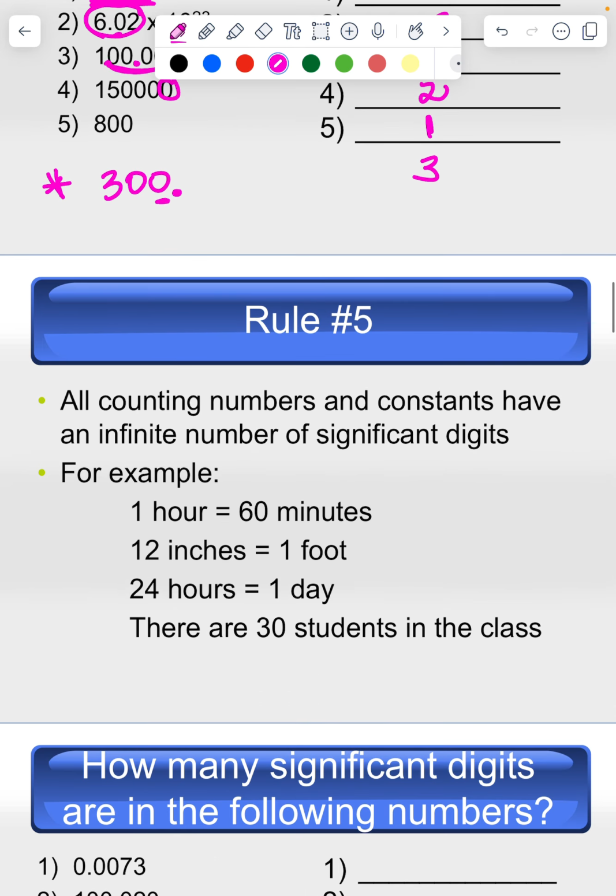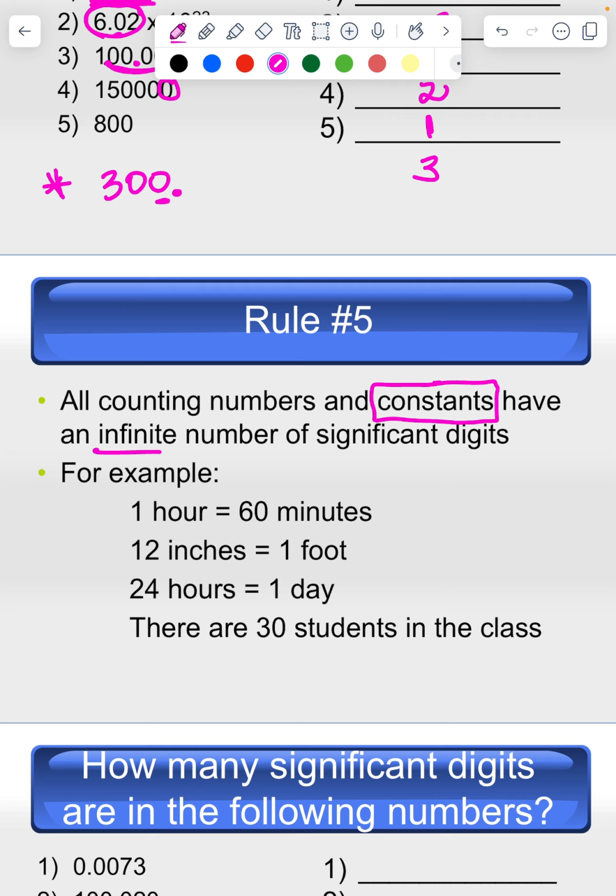All right, and then for this one, we talked about this a lot last year, but it's going to come into play a lot more this year. All of our constants that we use have an infinite number of sig figs, so we will never use those for the number of sig figs that we're trying to figure out with our answers.